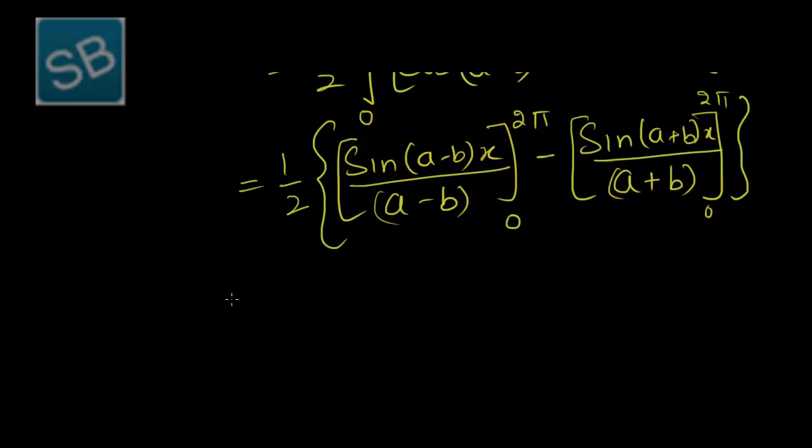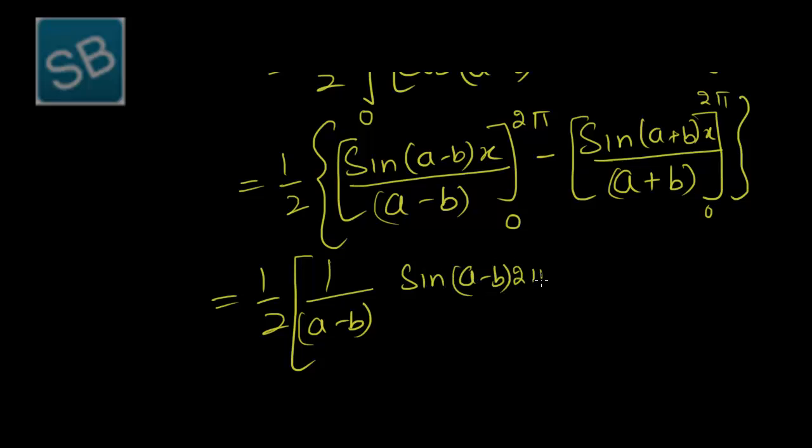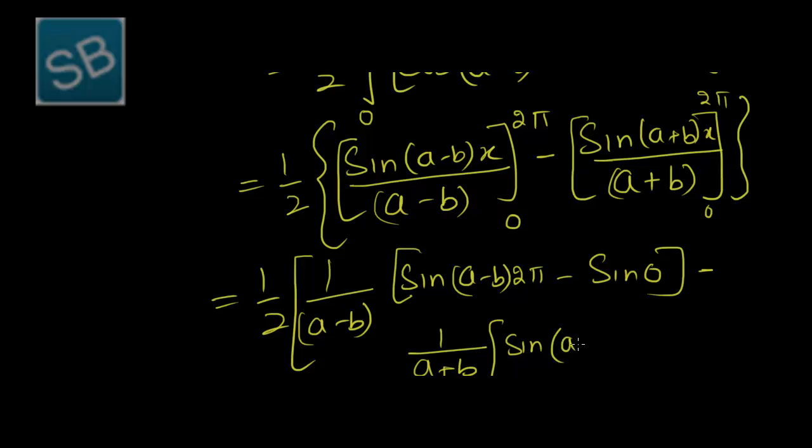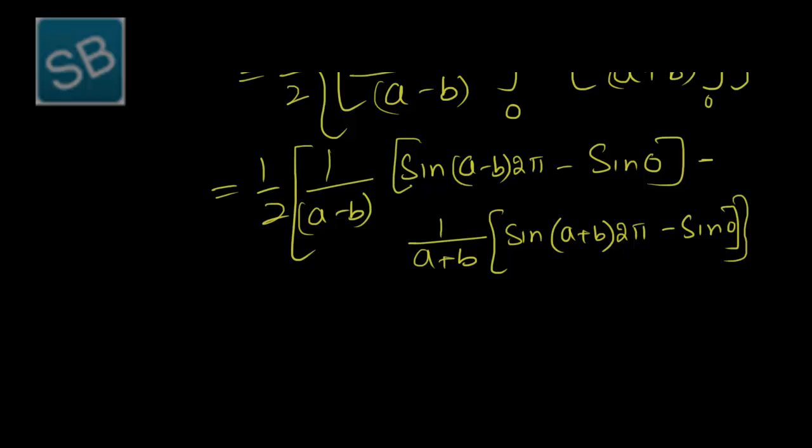So we get half, 1 over a minus b is common, we get sine (a minus b) 2 pi minus sine 0, minus of 1 over a plus b common out, sine of (a plus b) 2 pi minus sine 0. That is by the fundamental principle of definite integral.